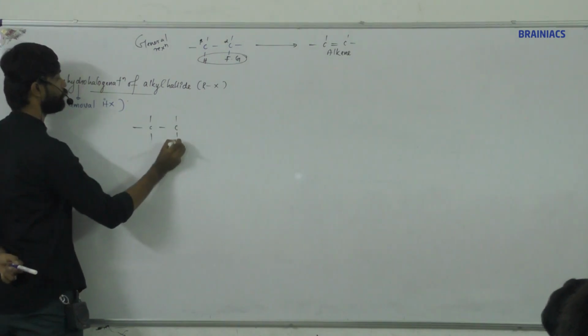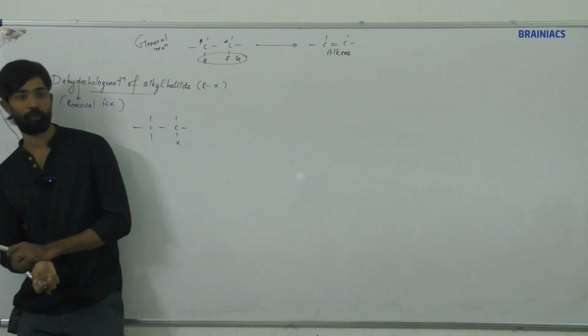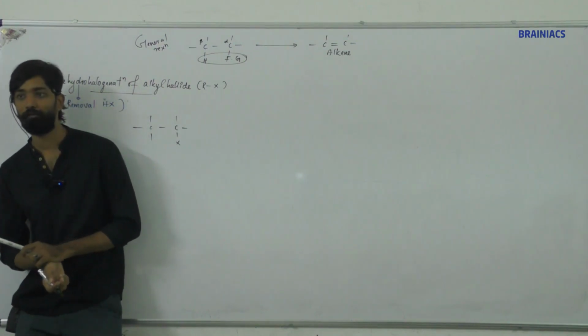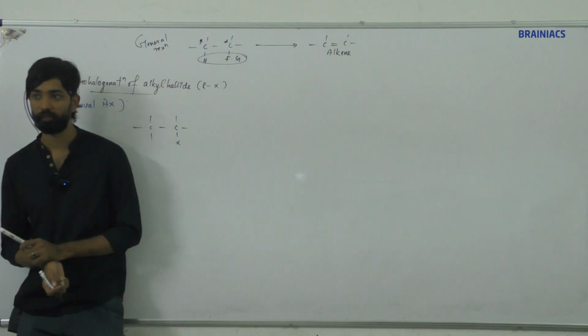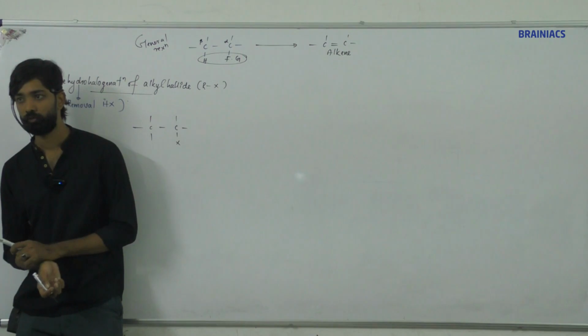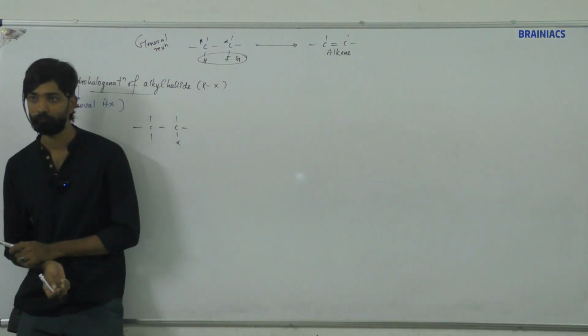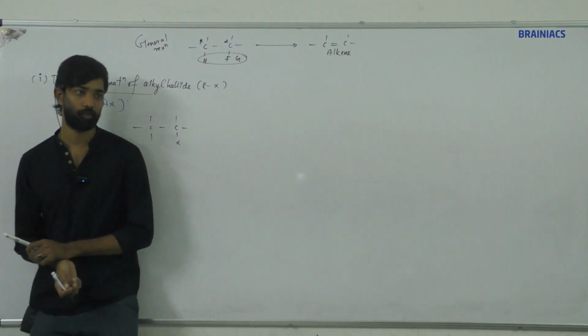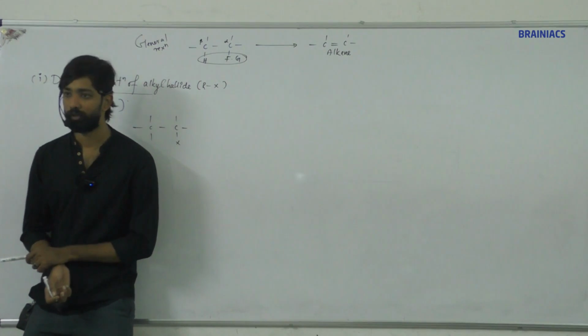First of all, the elimination may be through three different mechanisms. The first one is elimination unimolecular, said to be E1, just like your SN1. If you are familiar with SN1, nucleophilic substitution unimolecular, like that there is an elimination also, elimination unimolecular, E1.